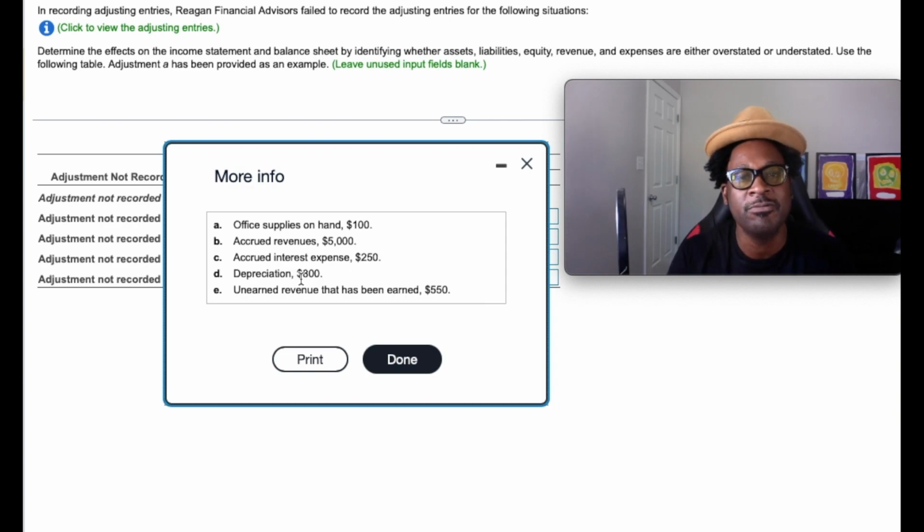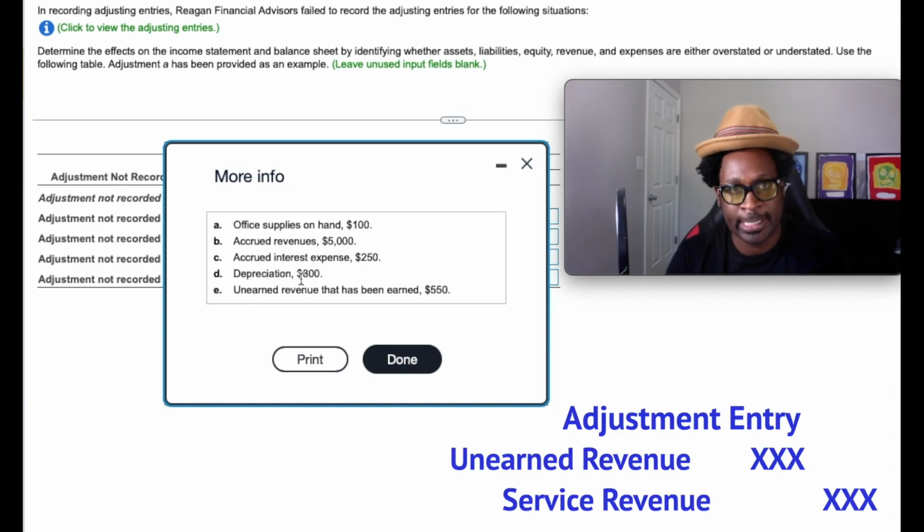So whenever we record the adjusting entry for unearned revenue, we have to lower the liability and record the actual revenue that's been earned. Remember, gang, unearned revenues are created whenever we receive cash in advance for a service to be provided in the future.